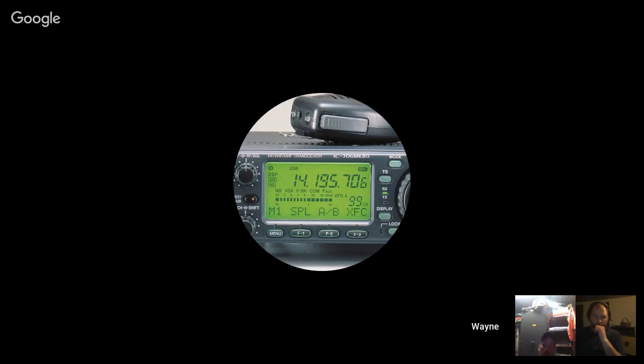I don't know what's going on with my camera here. Hello, camera, what are you doing? All right, well, you're not going to see my lovely face. So I guess my camera doesn't want to work. Oh, there it is.